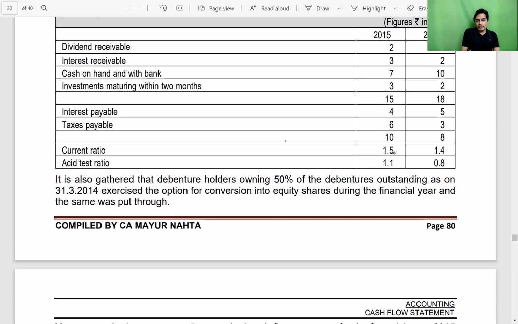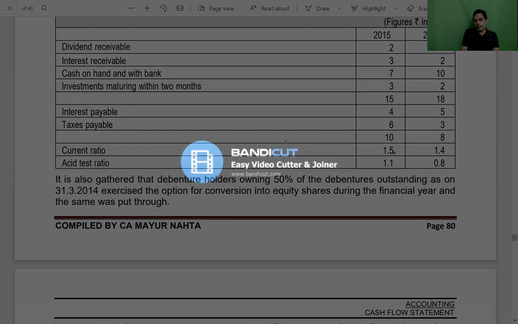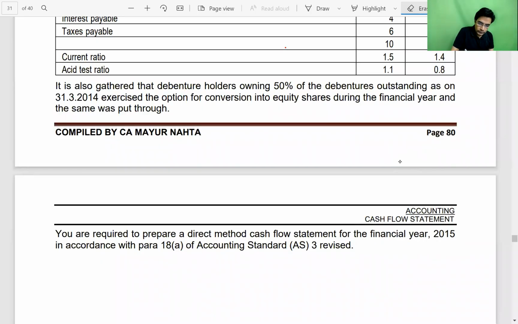It is also gathered that the debenture holders owning 50% of the debentures outstanding as on 31st March 14 exercised the option for conversion into equity shares during the financial year, and the same was put through.